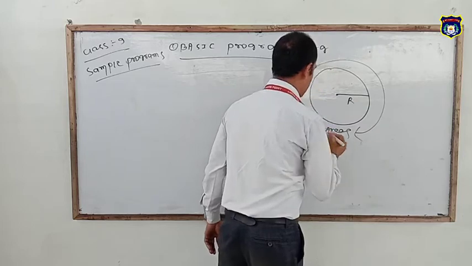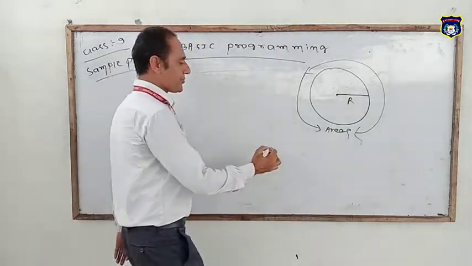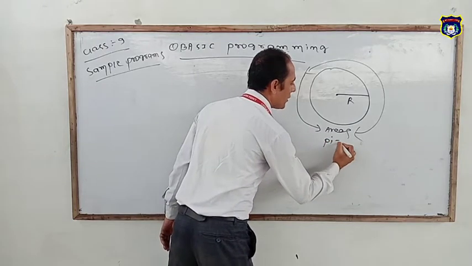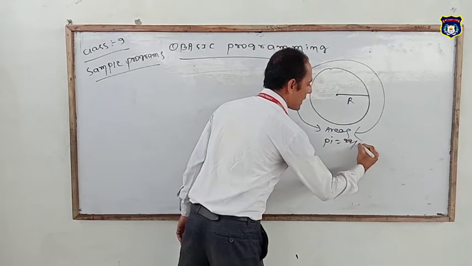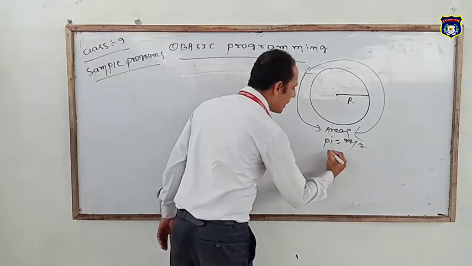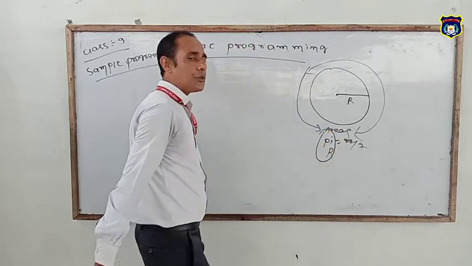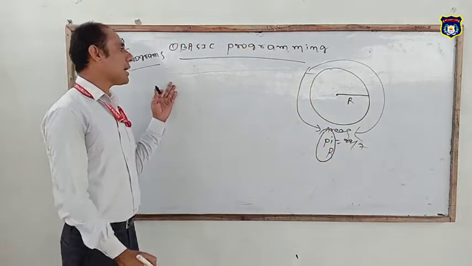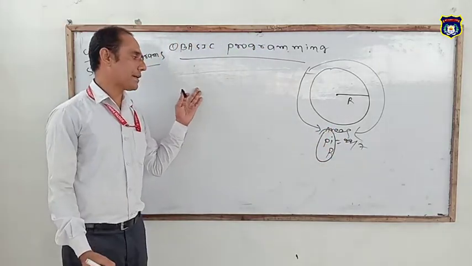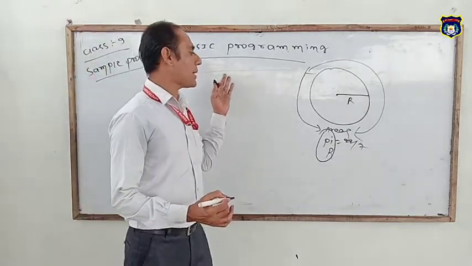For calculating the area, we need the value of pi, which is the constant 22/7, and we have to input the radius. These two components we have to use for calculating the area and circumference of the circle. Now, the program to calculate the area and circumference of our circle.